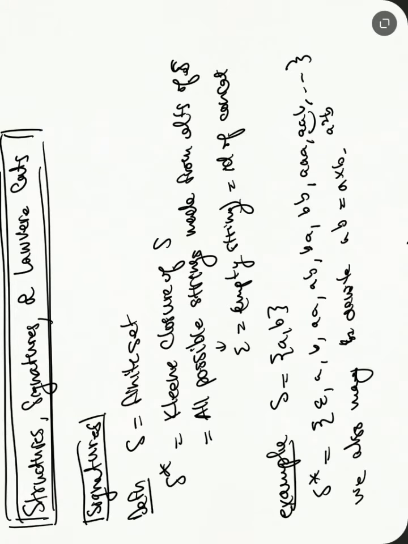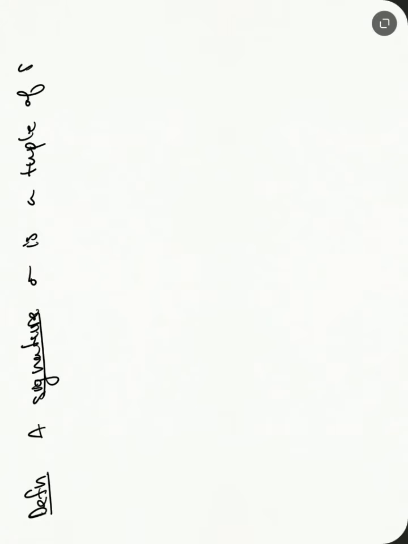Okay, so we can now define a signature. A signature, sigma, is a tuple of sets S, F, R, together with three functions.